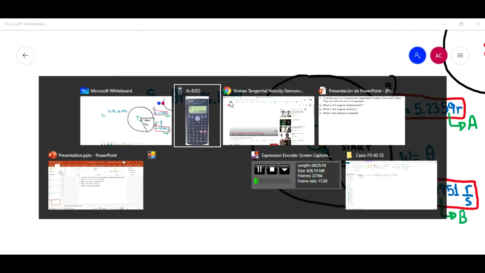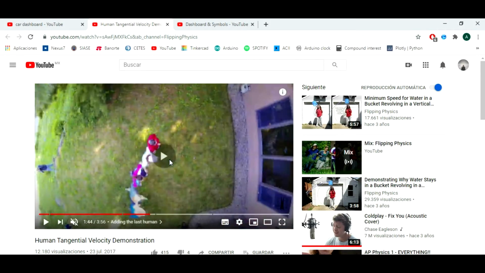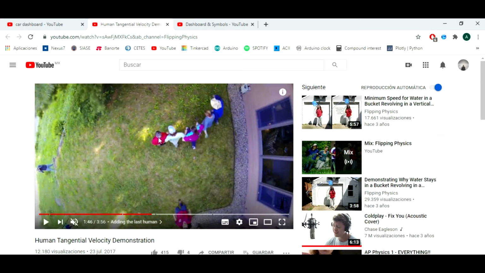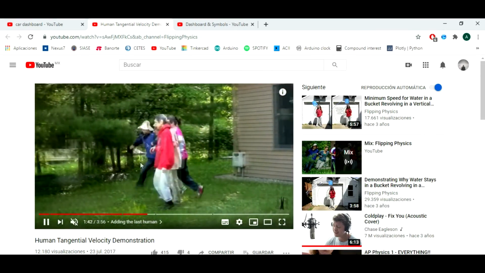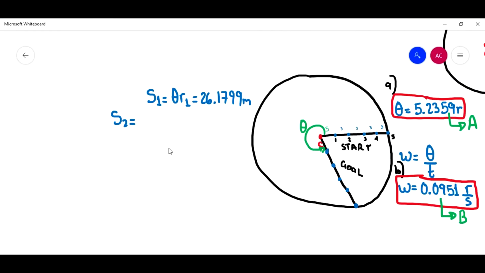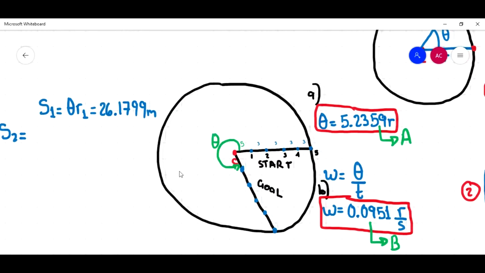I need to find the distance traveled by each one of them, because if you see in the video, the person at the center is not traveling the same distance as the person at the end of the line. The person at the end needs to travel more distance than the person in the center. So according to this formula, the further you are from the center, the more distance you travel.